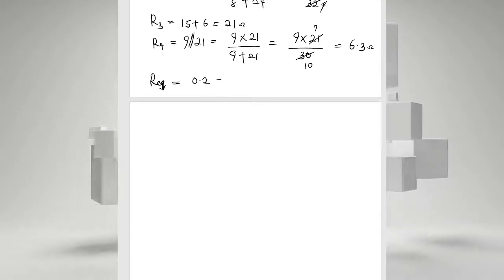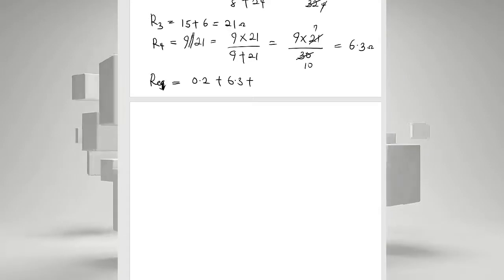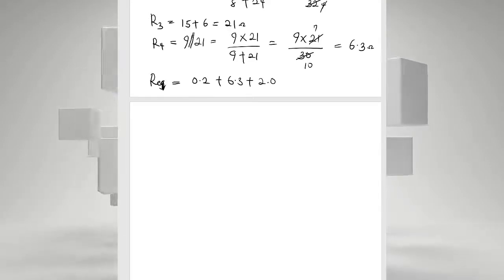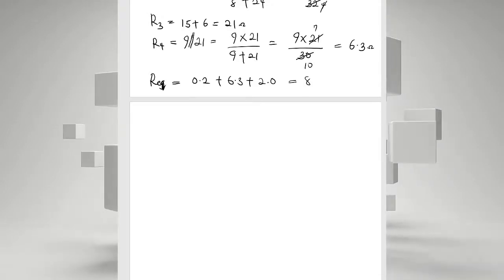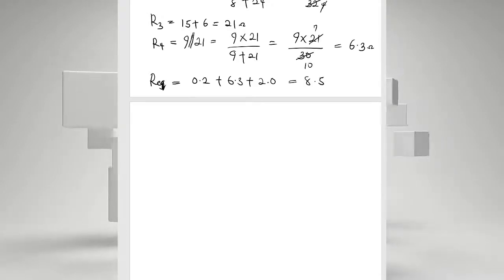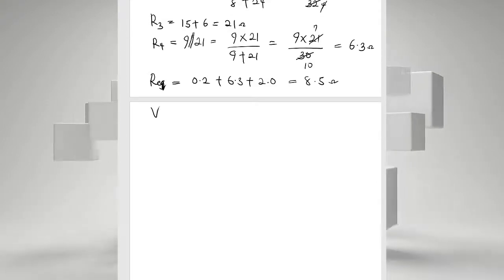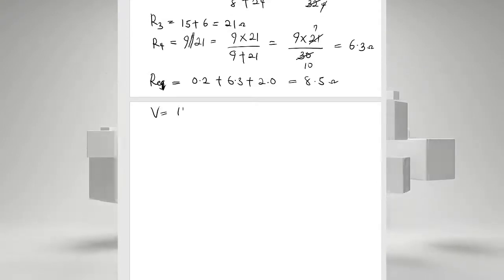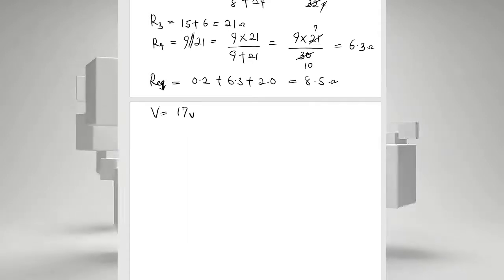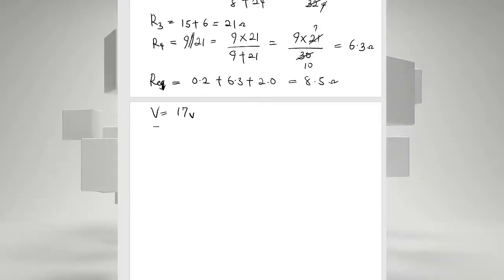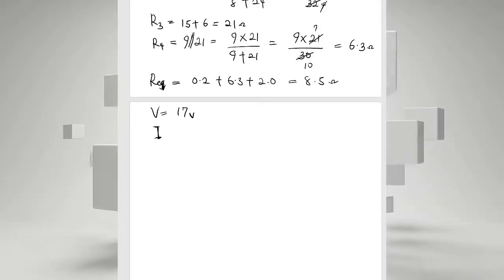So R equivalent is going to be equal to the internal resistance, the small r, 0.2, plus 6.3 plus 2.0. R equivalent is 0.2 plus 6.3 plus 2.0, that's 8.5 ohms. Therefore, remember that we said that V is equal to 17 volts, and we have that R equivalent is equal to 8.5 ohms.